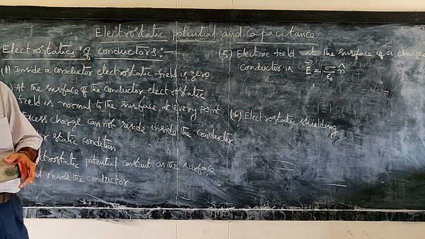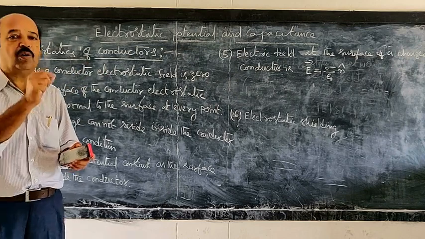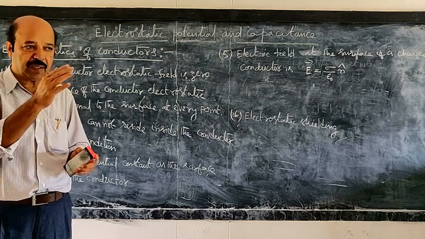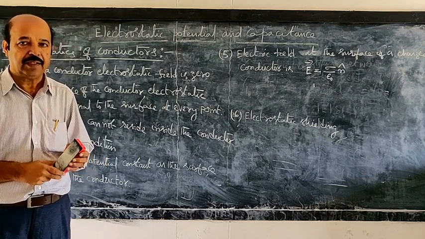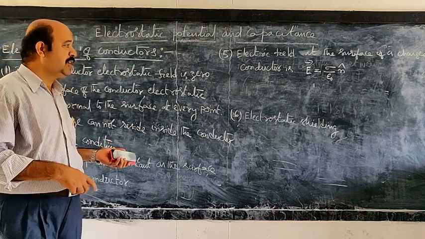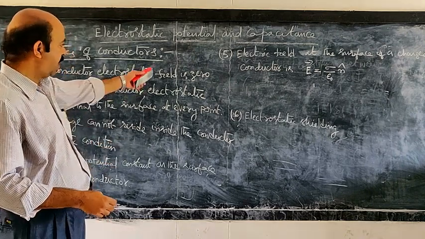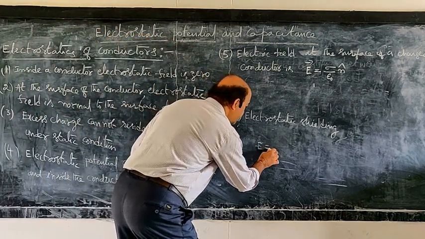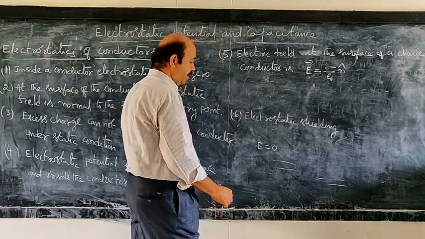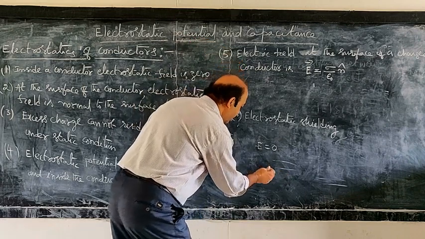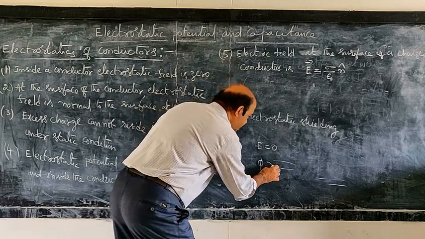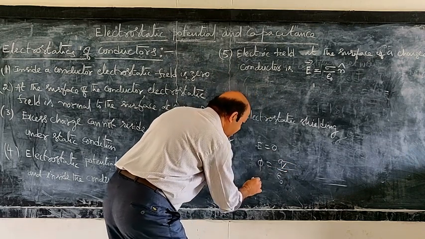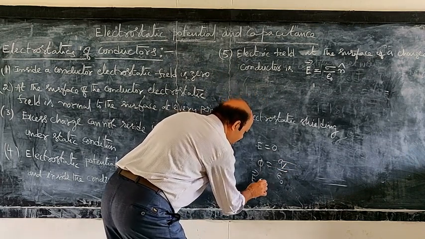So this follows from the first point. You have given charge, so let us consider a small volume element inside that conductor. Since the electric field is zero at every point, from Gauss law, the flux is given by Q by epsilon, and the flux is also equal to E bar dot ds bar.